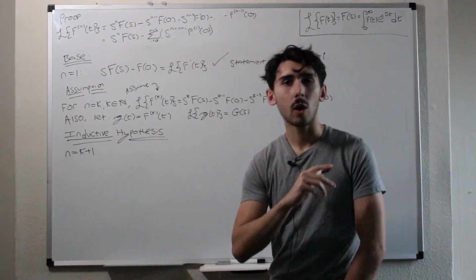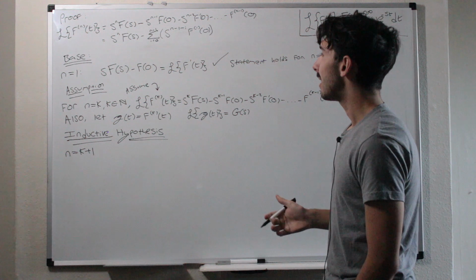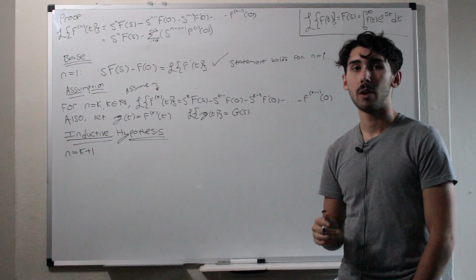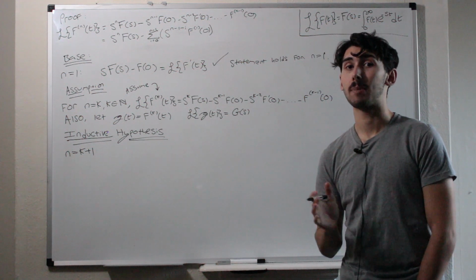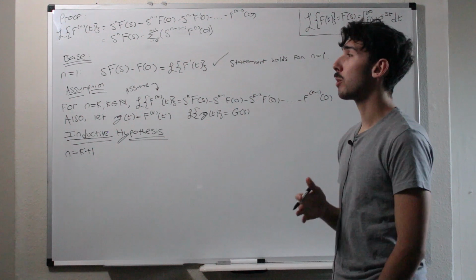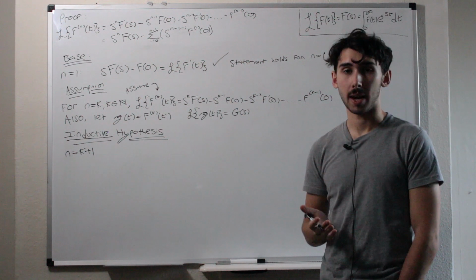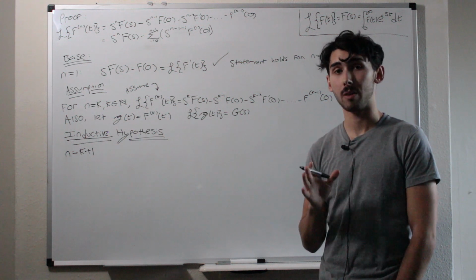The whole idea of a proof by induction is you're trying to show that if the statement holds for when n is k, it will also hold for when n is k plus 1. And because we've already shown that it holds for 1, if it holds for some arbitrary k and it holds for k plus 1, it actually must hold for all natural numbers, which is very powerful.